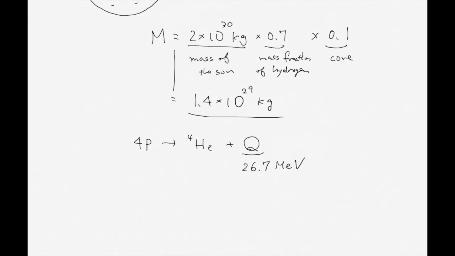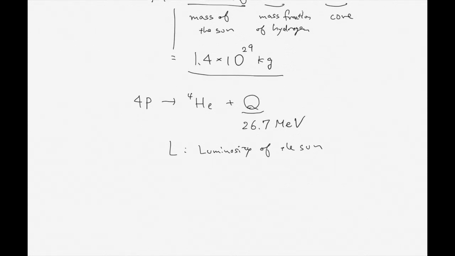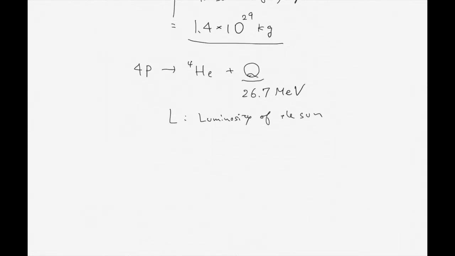And then we can find out how many reactions are happening at the center every second using the luminosity. L is the luminosity of the sun. Using L and Q, L over Q is the number of reactions.